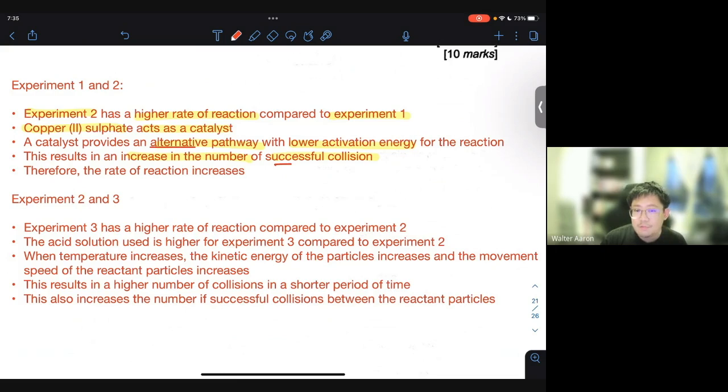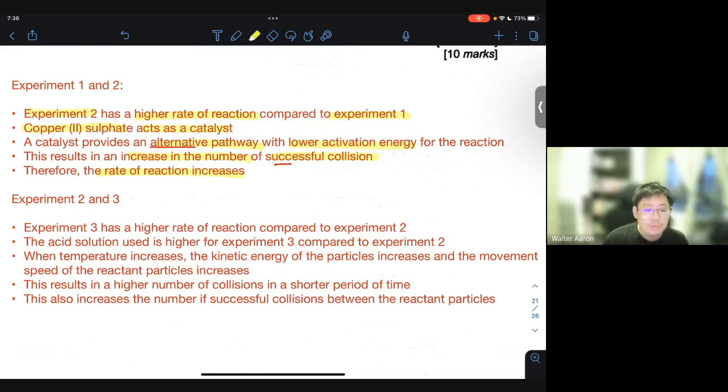So you must be very careful not to mention the number of collisions alone, because catalysts don't increase it. What they do is lower the activation energy so that the reaction can proceed forward and more successful collisions can happen. Including the number of collisions alone will be wrong in terms of explanation. And then therefore the rate of reaction will increase. If you get all those points correctly, you should get 5 marks in total for the comparison between experiment 1 and 2.